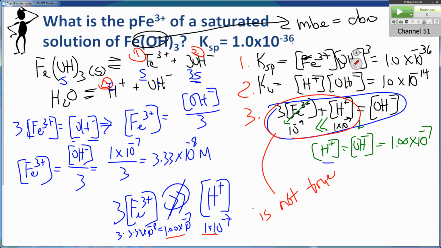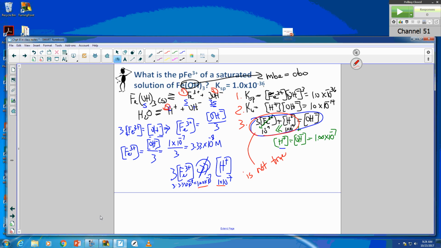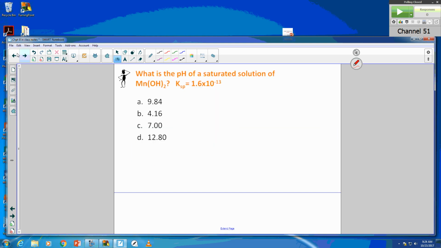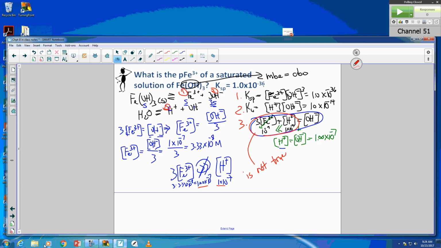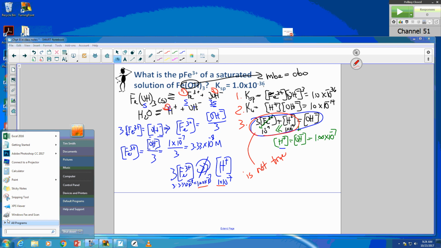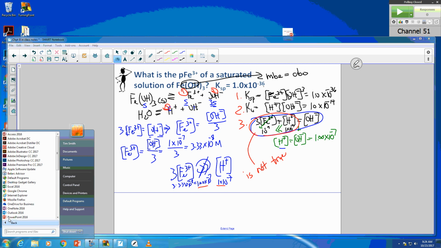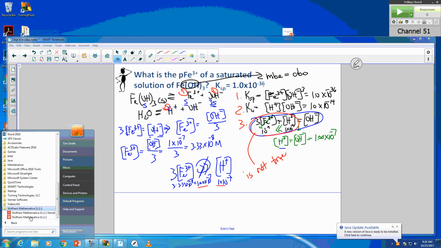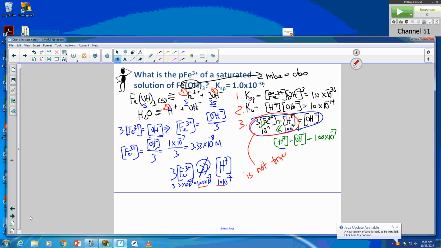All right, so here's our better way in life, in my opinion, and that is to use Mathematica. So you can download it or you can use it on one of the many computers on campus. But find a computer that's got Wolfram Mathematica on it and then launch Wolfram Mathematica.